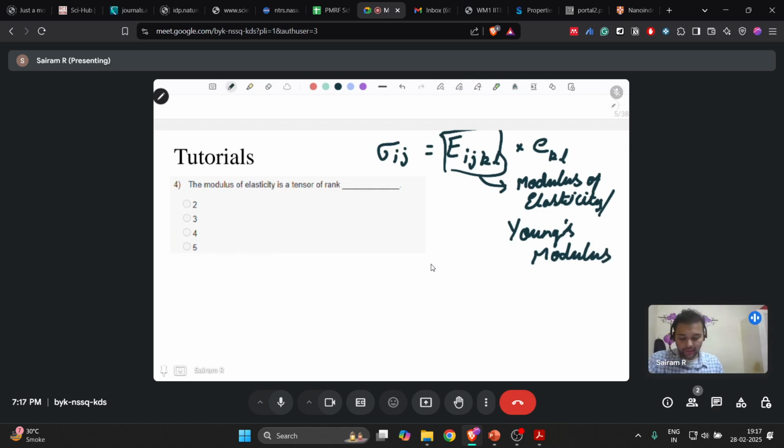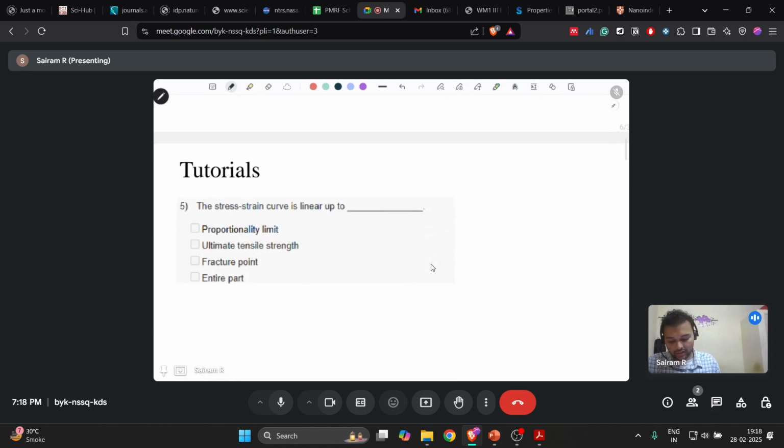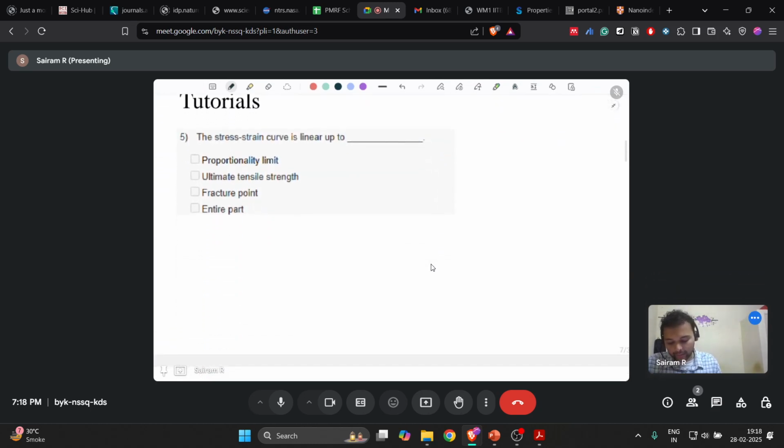This is a fourth rank tensor, as we can say from the subscripts i, j, k, l. So there are four indices to deal with here.